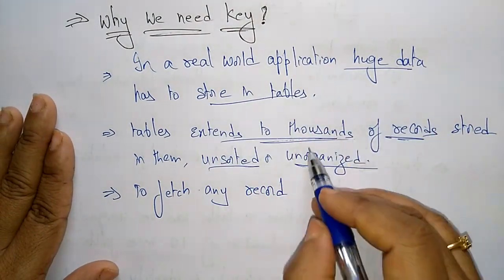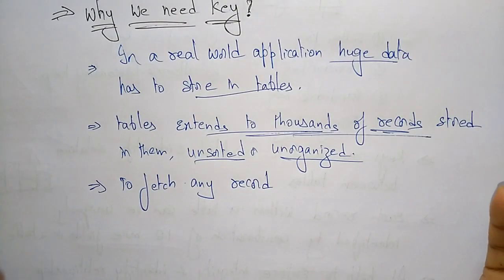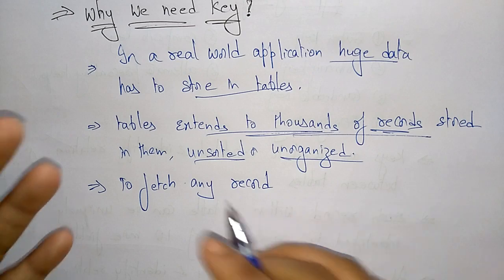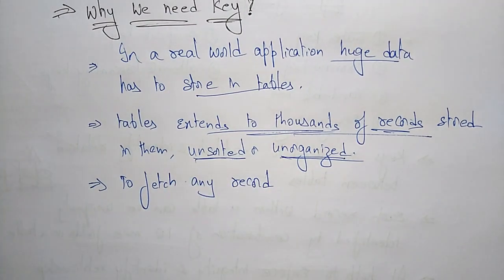Huge data is stored in tables. Suppose you are an organization; every time you are entering the details of so many customers, the table size will be increasing, and that is unsorted and unorganized. If you want to fetch any particular customer record, you have to apply some condition.